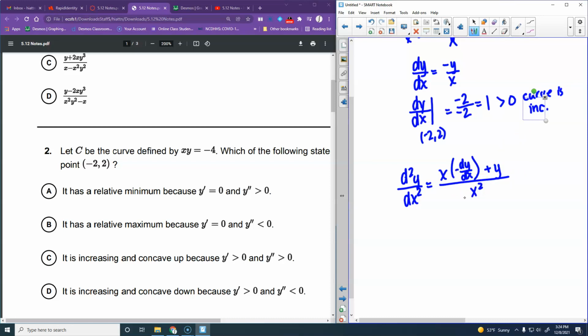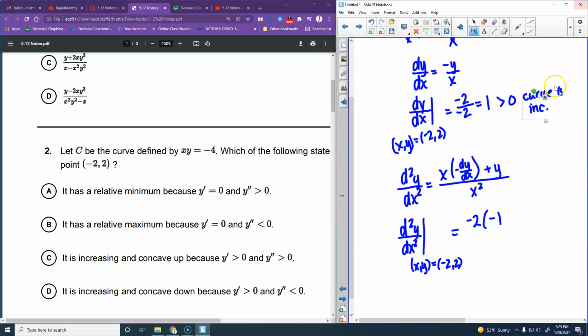And so I want to know this at negative 2, 2. So if I plug in xy, that should say xy equals like that, I will have negative 2 times negative 1.